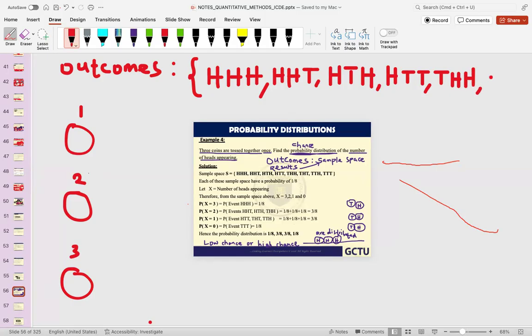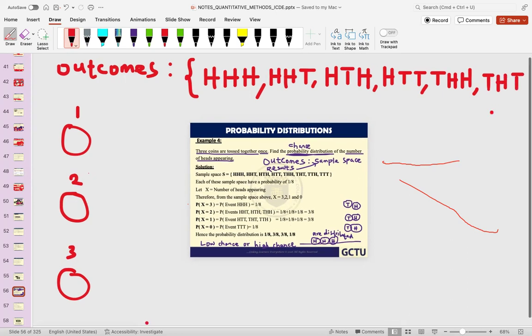Or the first will show tail again, the second will show head, the third will show tail. Or the first will show tail, the second will show tail, the third will show head. And then finally, the first will show tail, the second will show tail, the third will show tail.